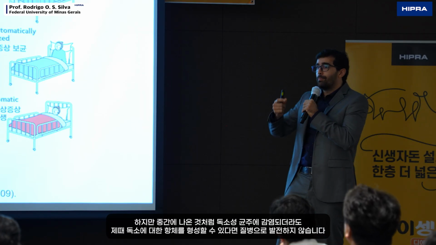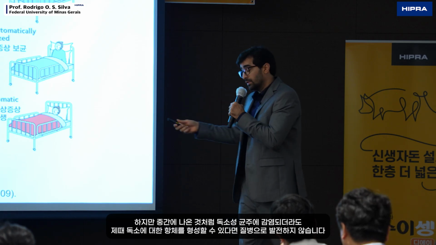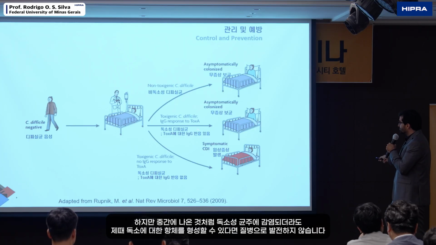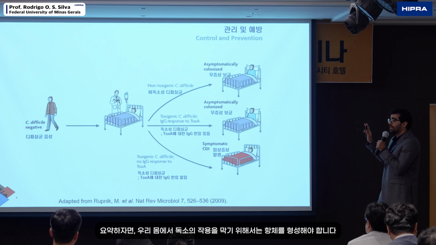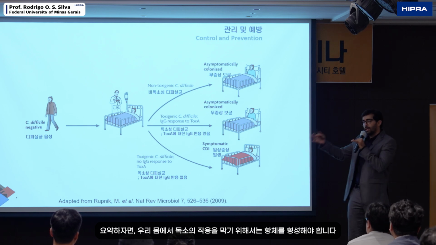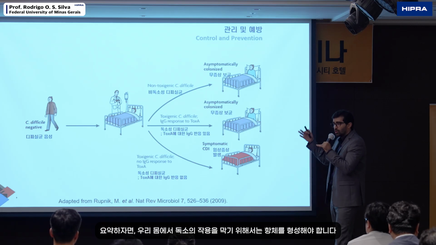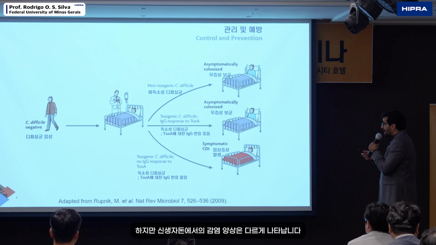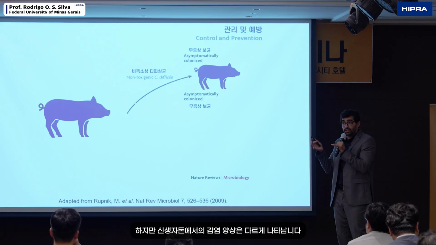But if you produce antibodies timely against A and B toxins, you won't have the disease either. So summarizing, we need to produce antibodies in our body to prevent the action of the toxins. But that's not the same way that the disease occurs in piglets.